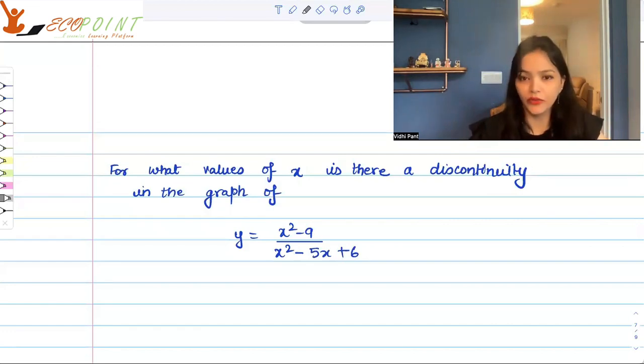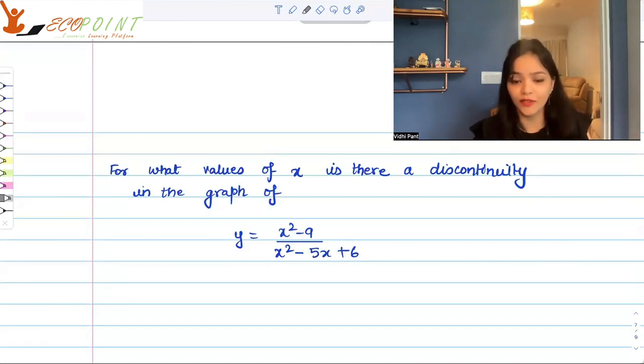Let's understand it using an example. Suppose you have y equals (x square minus 9) upon (x square minus 5x plus 6). For what values of x is there a discontinuity in the graph of this function? Well, if you remember in continuous functions, I always keep on saying, and I'll repeat it today itself, that continuity is a graphical concept.